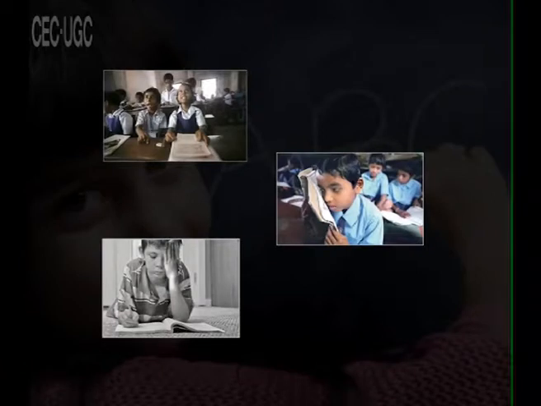Another area of concern is the identification of problems with vision. In this slide, you will see that there are different postures. As a teacher, we come across children who sit differently. So, if we are alert, we will be able to identify a child who may have a problem with his vision.